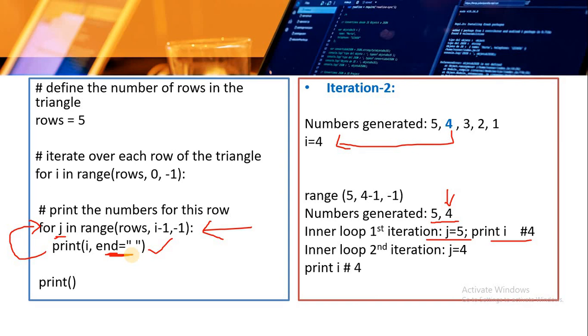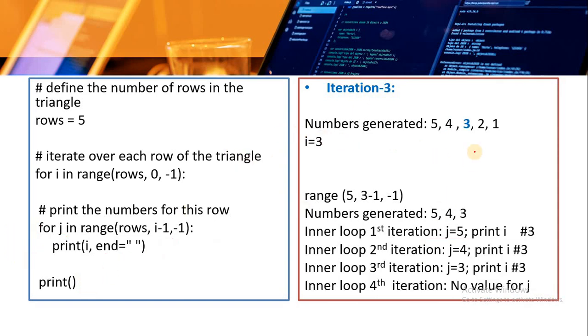So 4 is printed 2 times as of now. Again it is going to redirect to the starting point, but there are no values to store into j. The inner loop will be terminated and it reaches this print statement which is used to create the new line. This is about the second iteration of the outer loop. So as of now 5 is printed one time, 4 is printed 2 times.